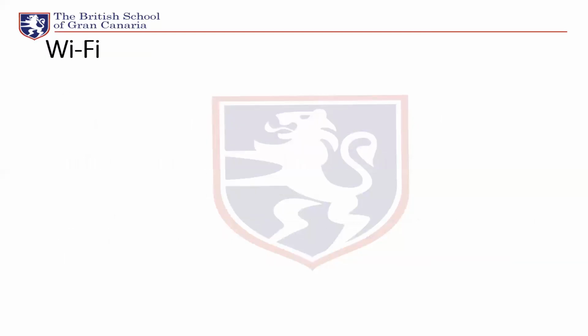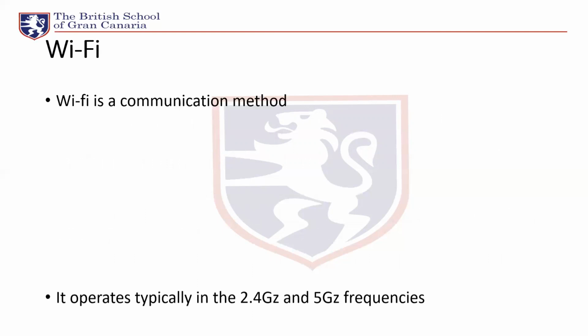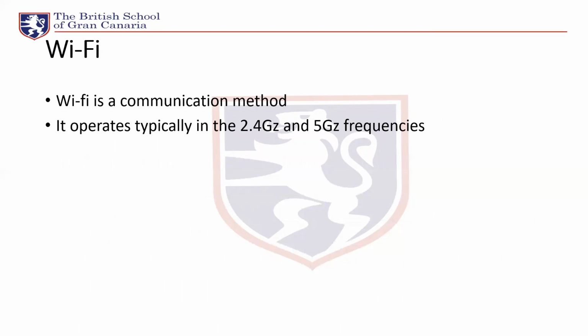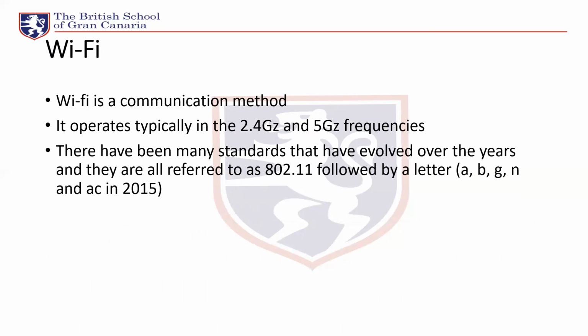Now, moving on to Wi-Fi. So, Wi-Fi is a communication method that's very common, and it typically operates between 2.4 gigahertz and 5 gigahertz frequencies. So there are many standards, and Wi-Fi has evolved and evolved over the years.